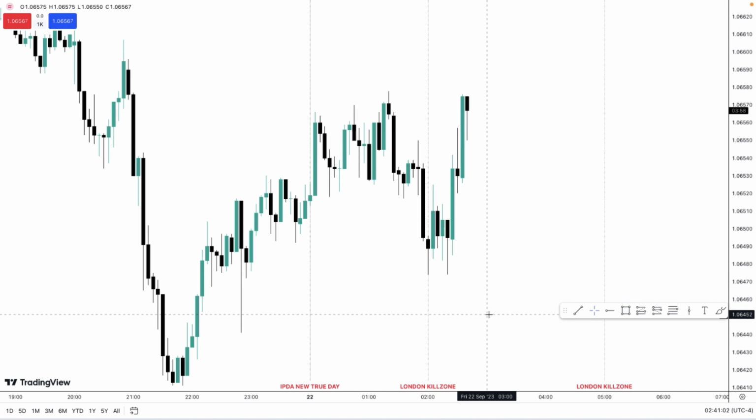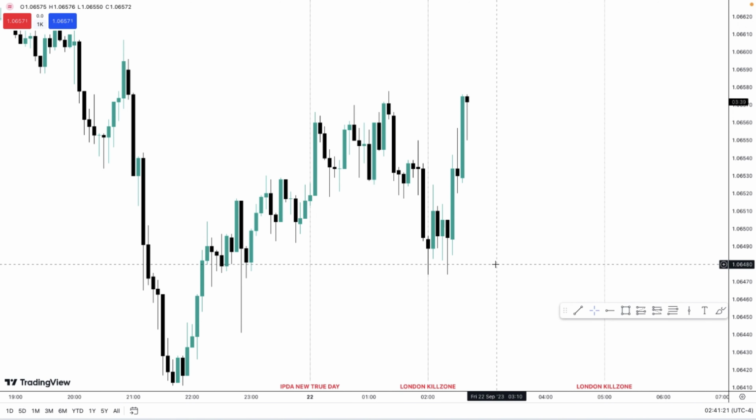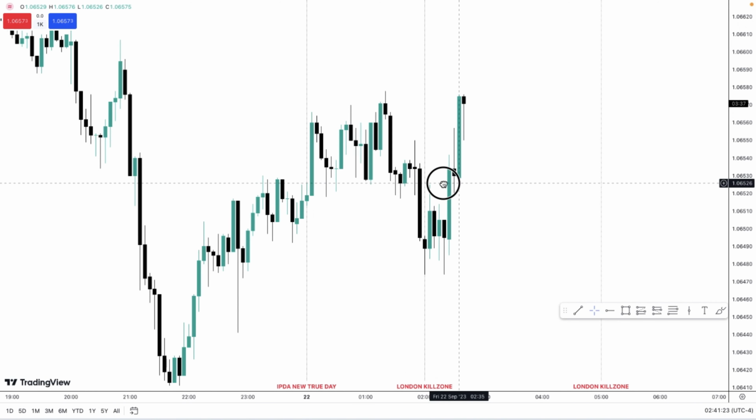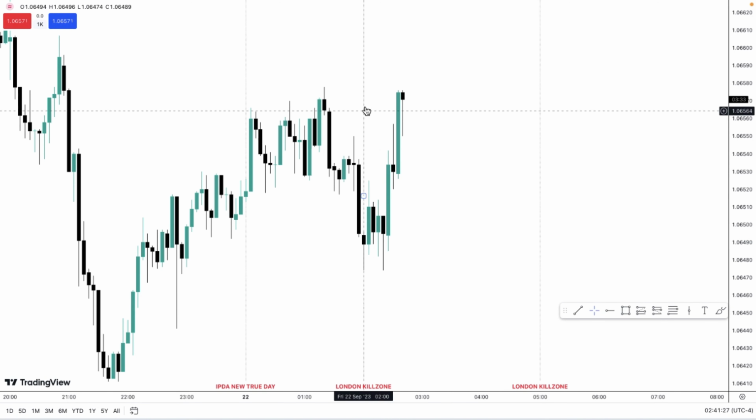But most of the time, we anticipate, in other words, we expect, we predict the high of the day being formed in the London Killzone. Where is the London Killzone? Here it is right here, 2 a.m. and 5 a.m. So if we're bearish, we expect the high of the day to be formed anywhere in between 2 a.m. and 5 a.m.